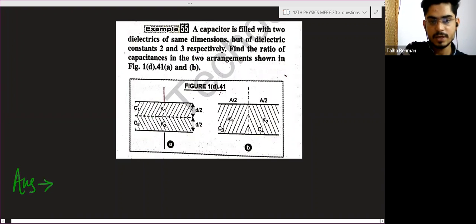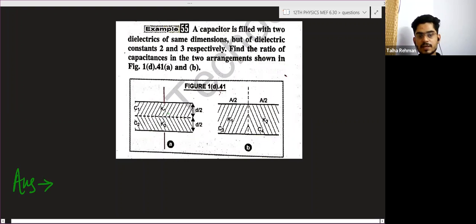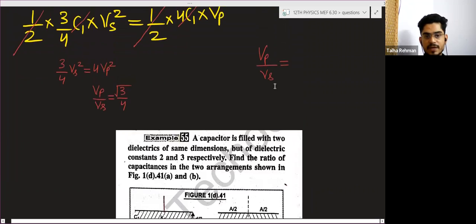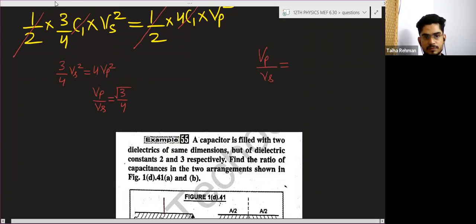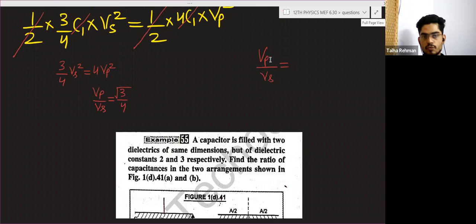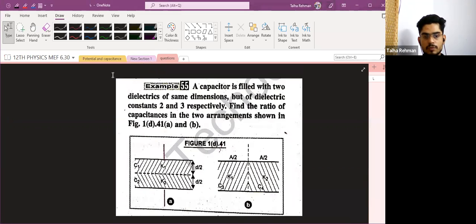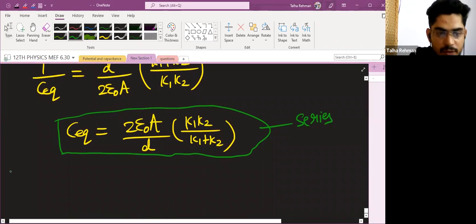The question is this. Here you can see in this question, I am writing the answer directly. So here you are seeing that this is the case of series or parallel. This is the case of series because here, please write one more thing there.